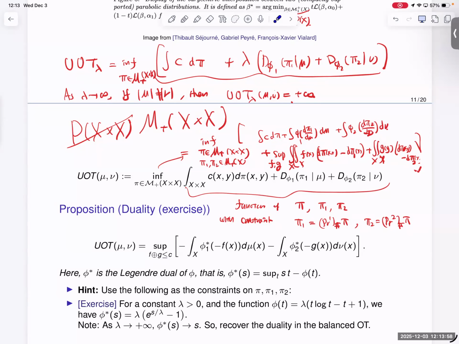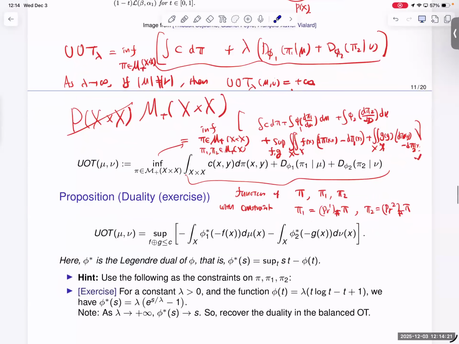But the further structure comes from, if you do not have this, then you have the usual c-convexity of f and g. But because of this, you have something else.